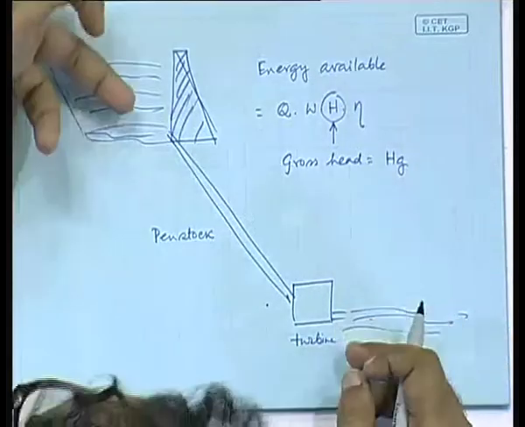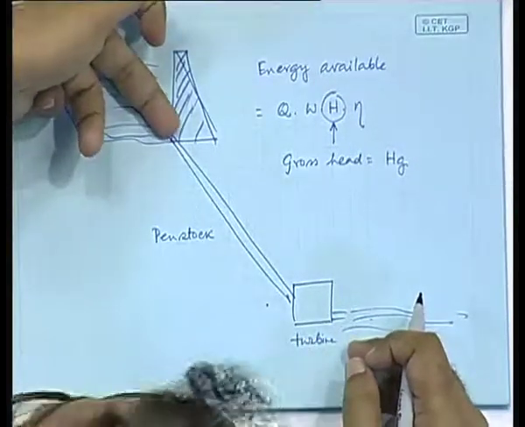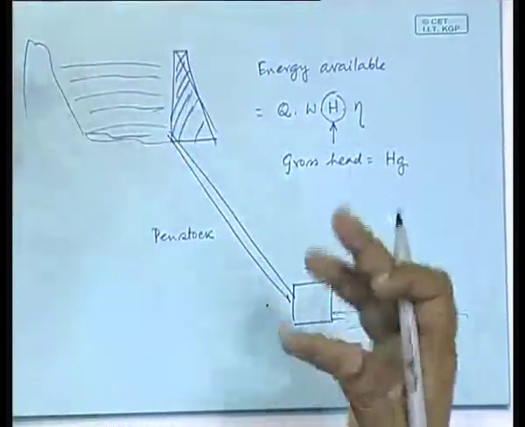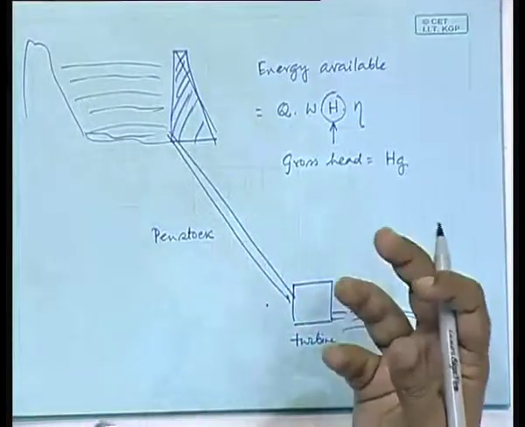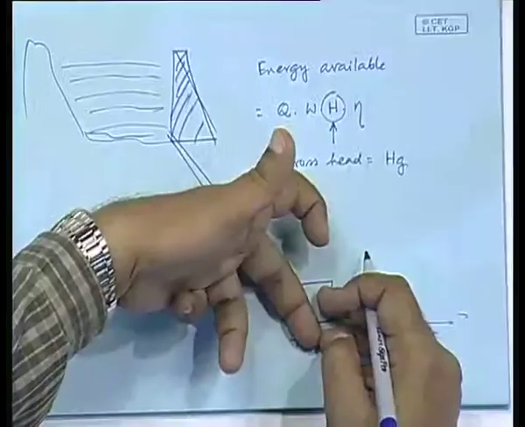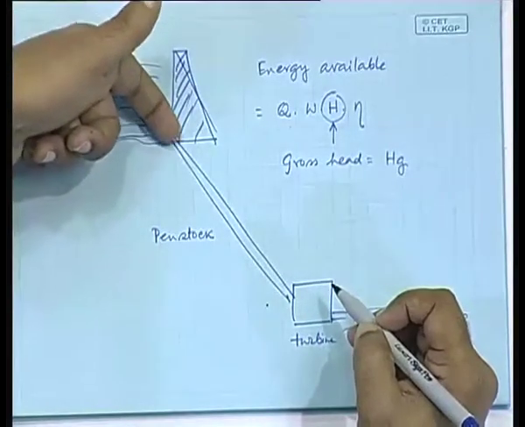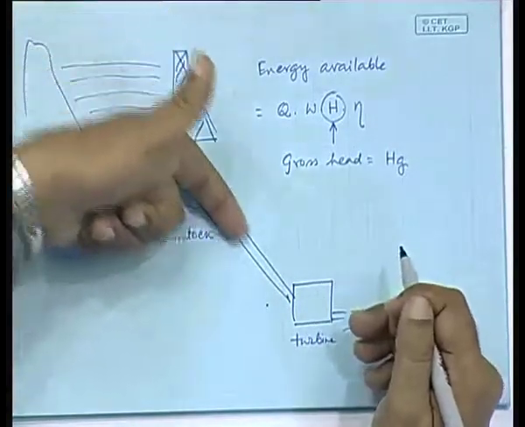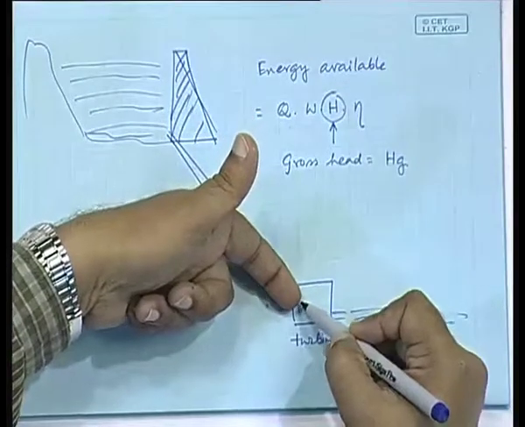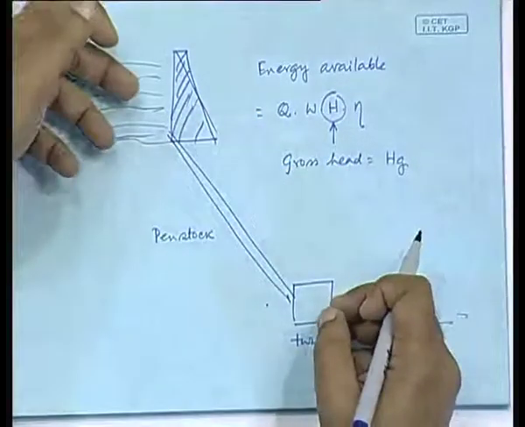But then because water goes through this penstock, some amount of head is lost there. There is a loss in getting into the penstock, there is a loss in going through the penstock, there is a loss in getting out of the penstock and in the nozzle. So, all these losses can be taken together as some kind of a loss of head.